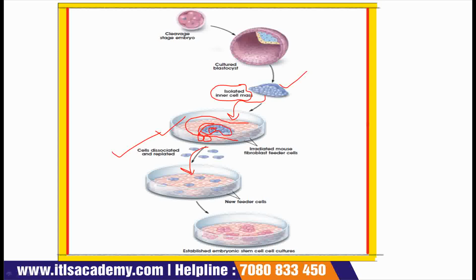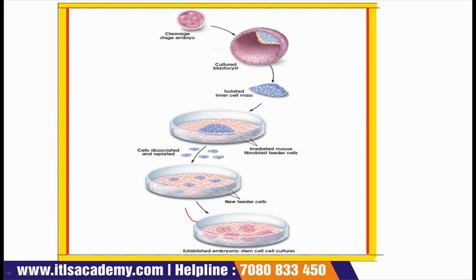This inner cell mass is cultured on irradiated mouse fibroblast feeder cells. What is the culture medium? The culture medium is feeder cells, which are prepared from irradiated mouse fibroblasts. So again these dissociated cells are replated, and these cells form new colonies on feeder cells.